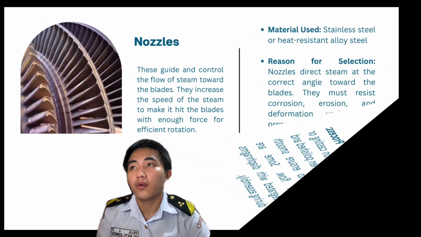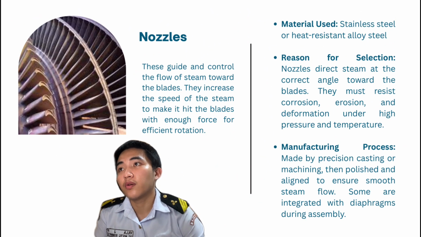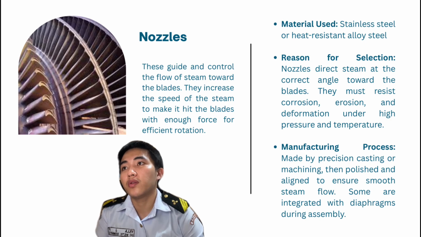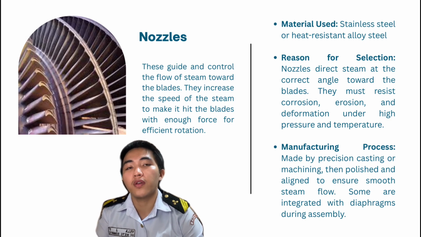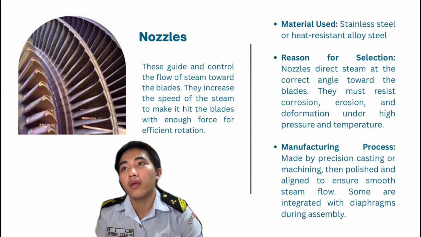Number 4, nozzles. They guide and control the flow of the steam towards the blades. They increase the speed of the steam to make it hit the blades with enough force for efficient rotation. Material we use: stainless steel or heat-resistant alloy steel. Reason for selection: nozzles direct steam at the correct angle toward the blades.